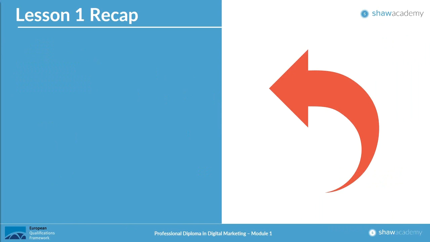But before we get started, I just want to do a really quick little recap on the last lesson, just to refresh your memories. So first things first, we had a look at the full course agenda and where you are headed from here. We looked through and discussed WHCP and what it stood for and why this module is based on it. The 4 Ps, which were product, price, place, and promotion.